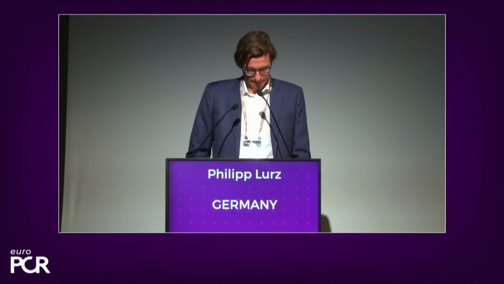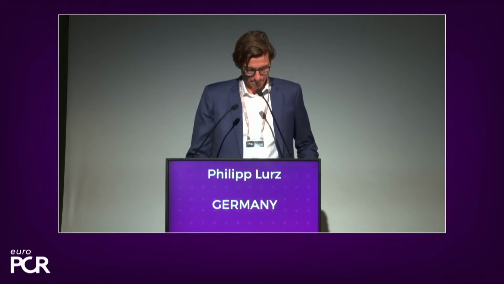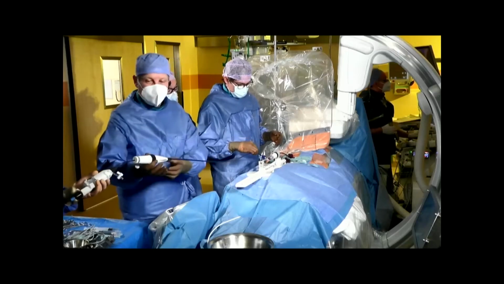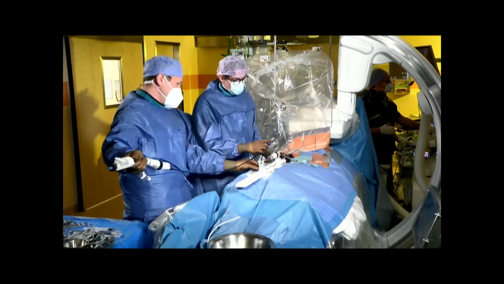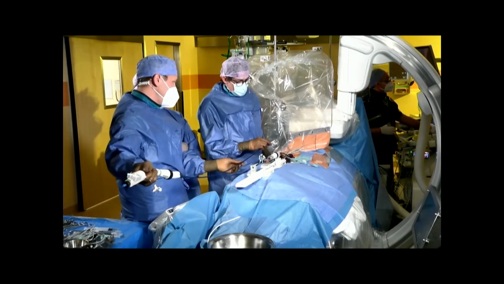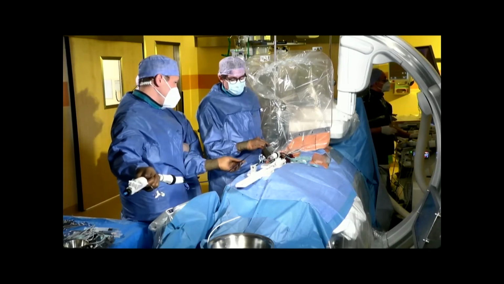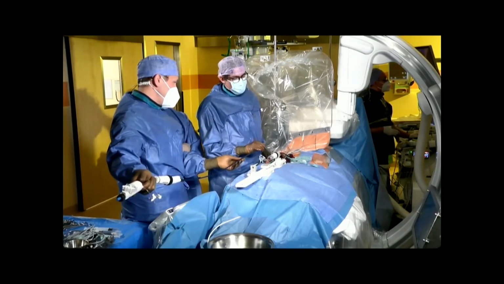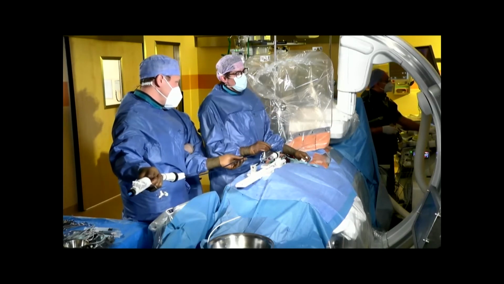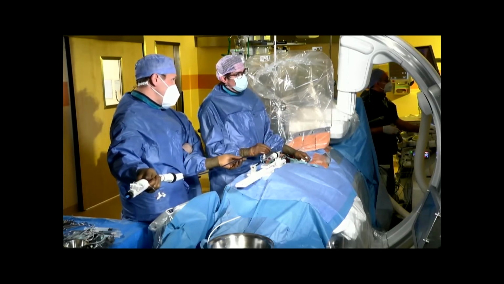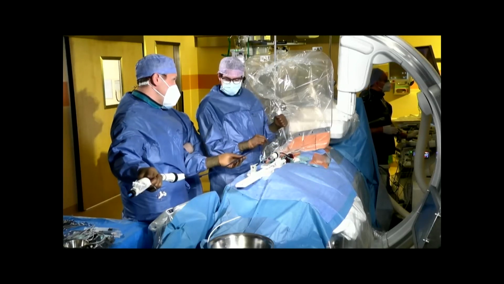So Philip, why did you choose the ACE over the classic PASCAL device? Obviously the difference is the width of it, 10 compared to 6 millimeter, but the other difference is that with the ACE device, the spacer is a bit smaller, and I believe that has an implication that the 2 petals come closer together.